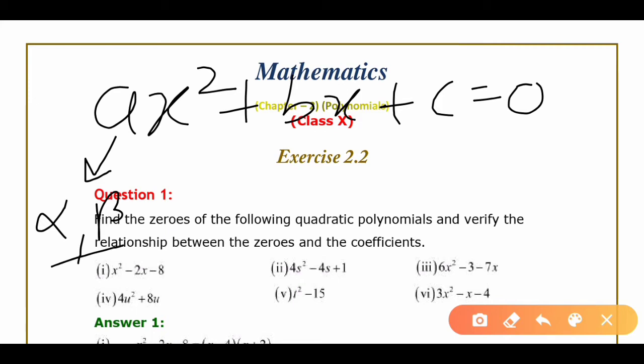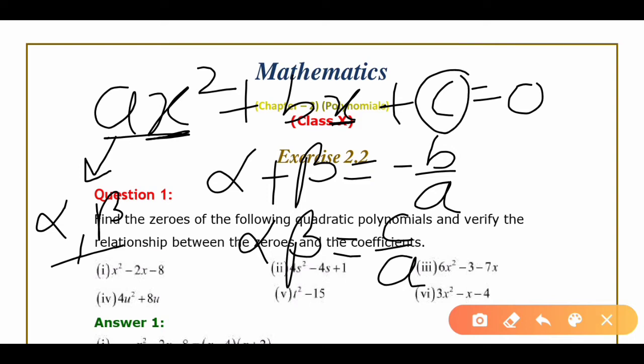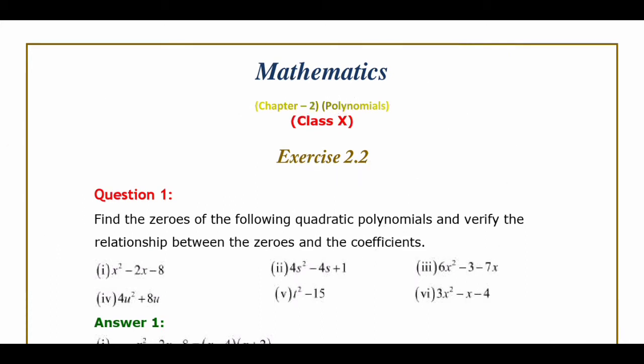The sum of the zeros or solutions will be equal to minus b upon a, or we can say minus of coefficient of x upon coefficient of x square. And the product of the zeros will be equal to c upon a, that means constant term upon coefficient of x square. So just remember these two formulas.